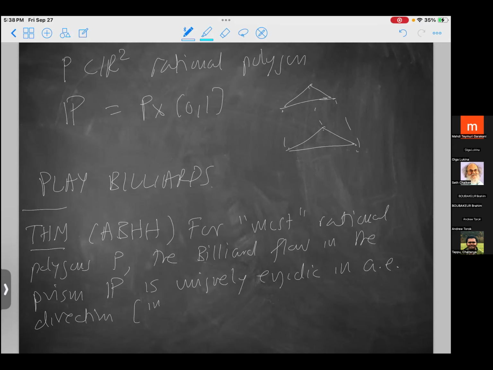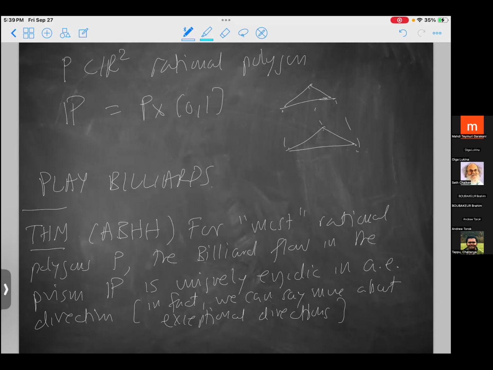And in fact, we can say a little bit more about the set of exceptions, the exceptional directions. That's one theorem, and I'll try and state this a little more precisely.